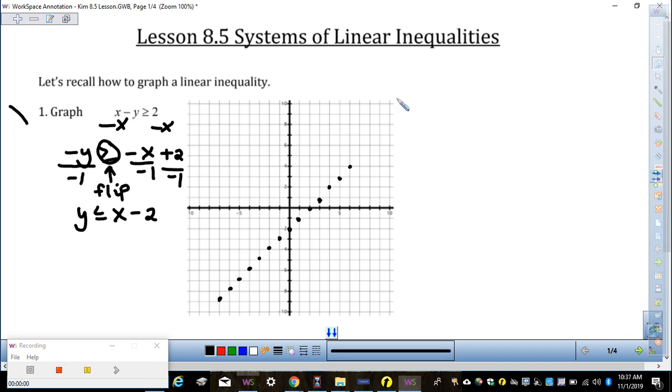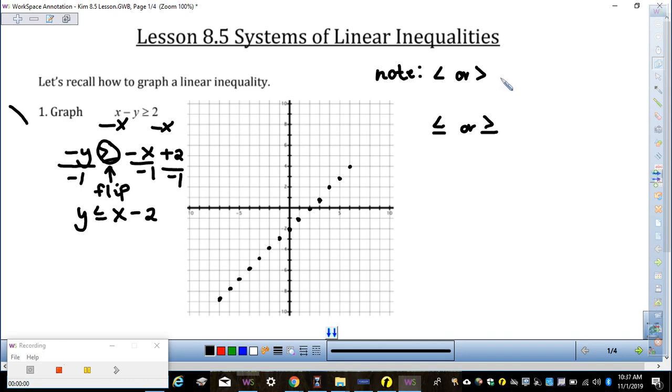Now before we connect these dots, I want you to make a quick note for yourselves. When we are graphing inequalities, we have two options. We have strictly less than or strictly greater than. And the other option is we have less than or equal to, or greater than or equal to.